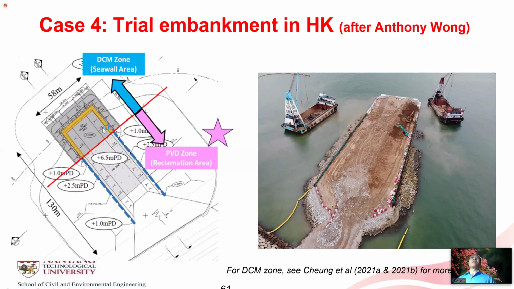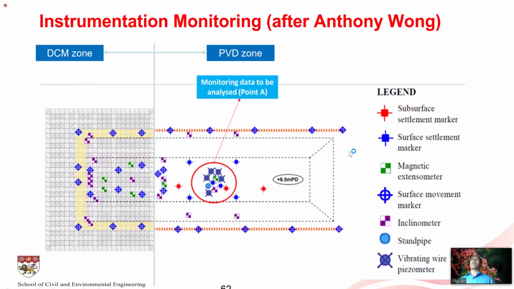One set is deep cement mixing, another set is by PVD, you can see. And the case history which I'm going to share, from Anthony's analysis, is more for the PVD, not for the deep cement mixing. So this is the land reclamation picture showing the land reclamation.